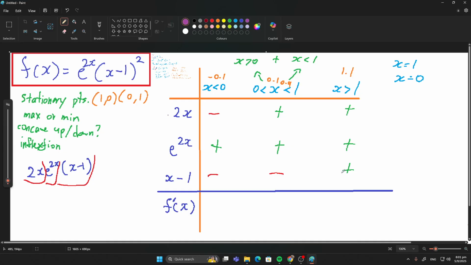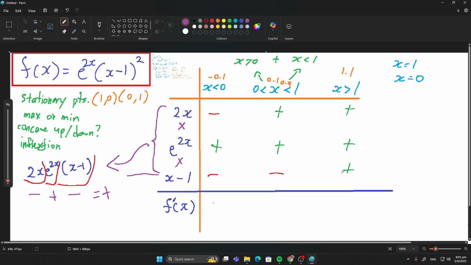So now let's compute. Because you must understand that I'm still taking all these values and adding them together to give you this. So let's take a look at the first row. If this is a negative value, this is a positive value, and this is a negative value, it will give me an overall positive value.